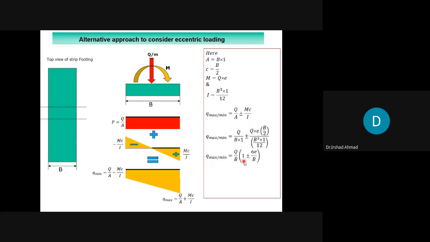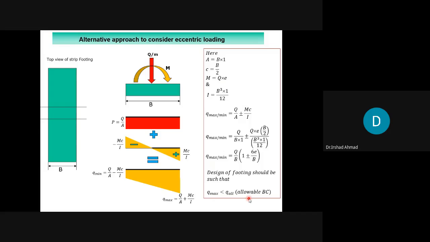This Q maximum must be less than or equal to Q allowable for a safe design. If you have any question, you can ask.